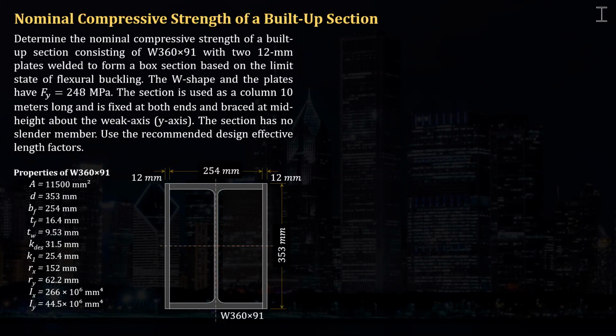But the r is the radius of gyration of the built-up section, and not just the radius of gyration of the I shape. So we have to calculate the area and the moments of inertia with respect to the principal axes. Let's start with the total or gross area.